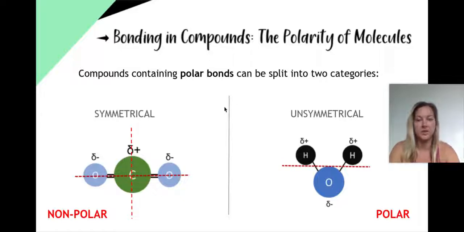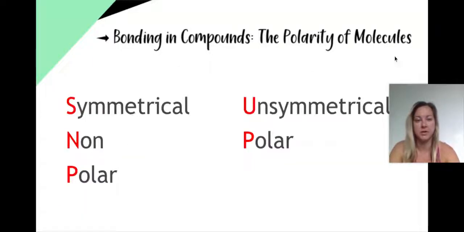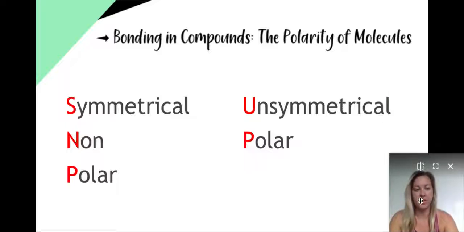Now there is a handy way you can remember this, and that is by remembering the phrase SNP up. SNP stands for symmetrical is non-polar, and up stands for unsymmetrical is polar. So if you remember that, you can look at a molecule and based on its symmetry figure out whether it's a non-polar or polar molecule.